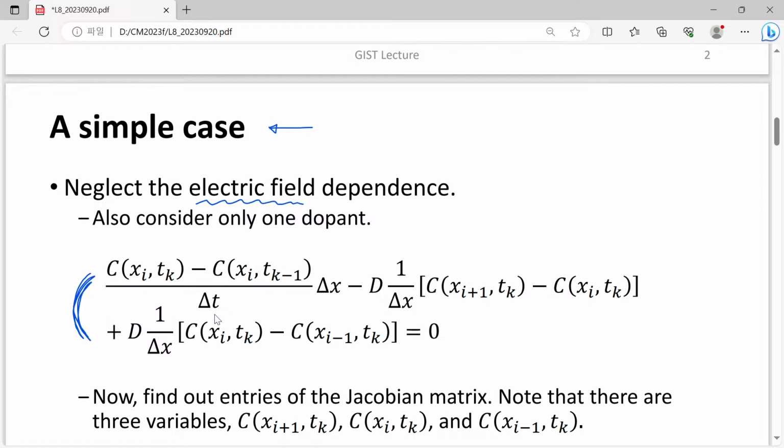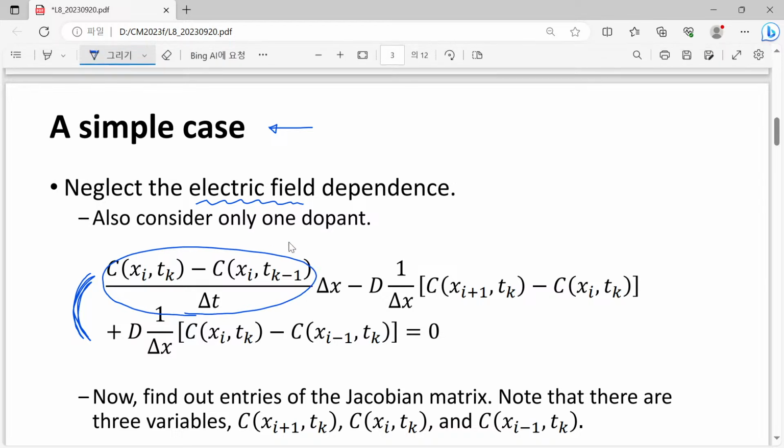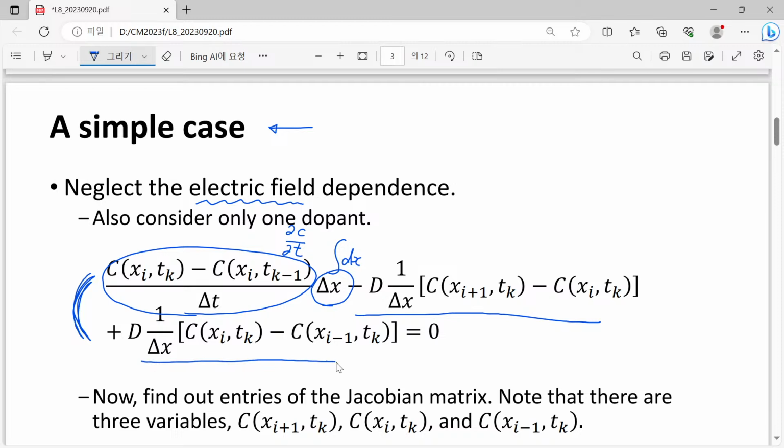As we have discussed several times, this is the discretized version of the time derivative of our concentration, and this corresponds to the integral over a certain control volume. And here we have some difference between a certain quantity evaluated at x sub i plus half and x sub i minus half.